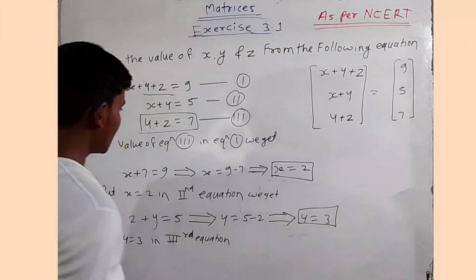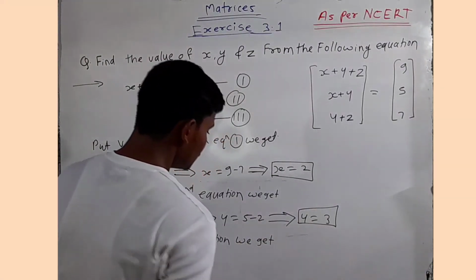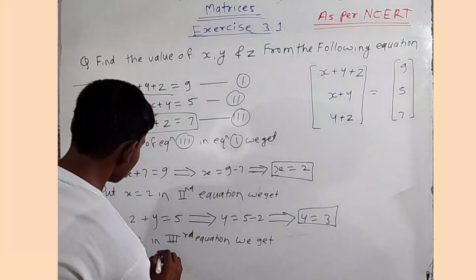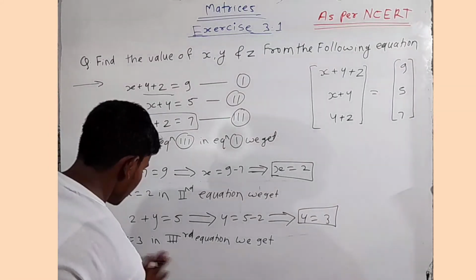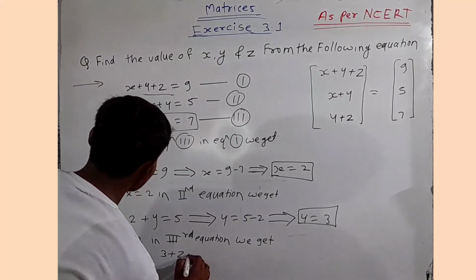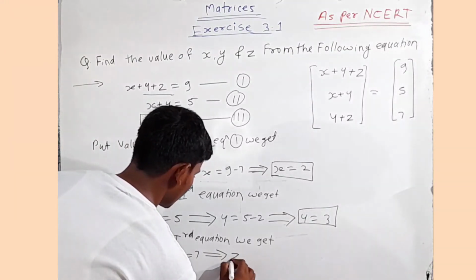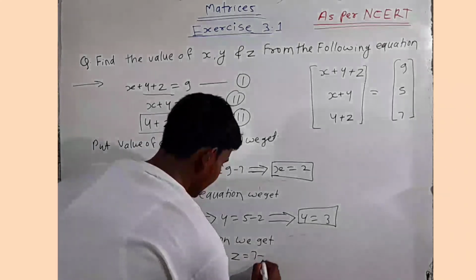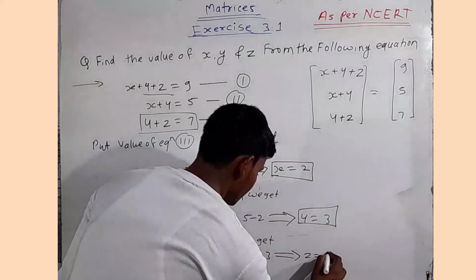In the third equation we get 3 plus z equals 7, and therefore z equals 7 minus 3, which equals 4.